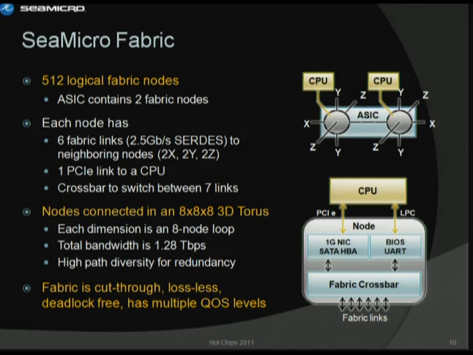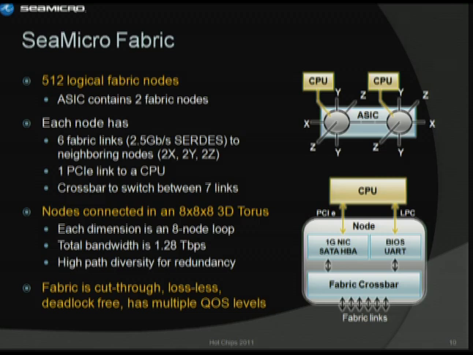Each node has 6 fabric links, 2 in the x dimension, 2 in the y dimension, and 2 in the z dimension, to connect to surrounding nodes. These links run at 2.5 gigabit per second and use your standard SerDes. We also have a PCI Express link to the CPU. That's the primary mode of communication with the CPU. And finally, there's a crossbar to switch between these 7 links.